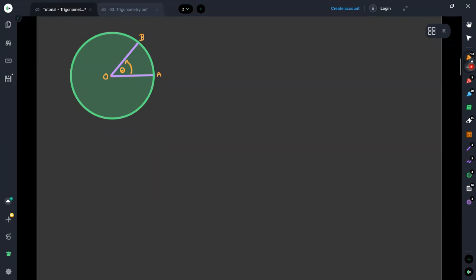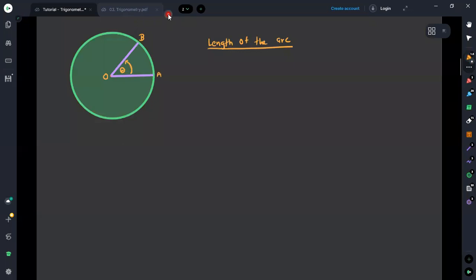Now, if you need to find out the length of this arc, we need to find the length of AB. This is not a straight line, it is a curve, therefore we are saying this AB is the arc created by the angle theta subtended at the center of this circle.